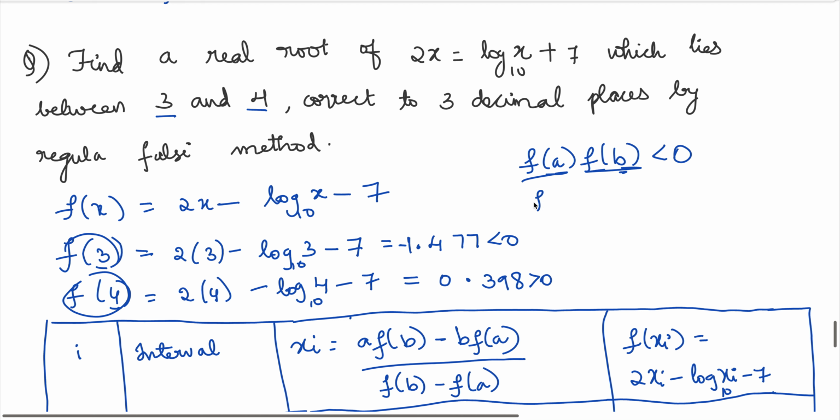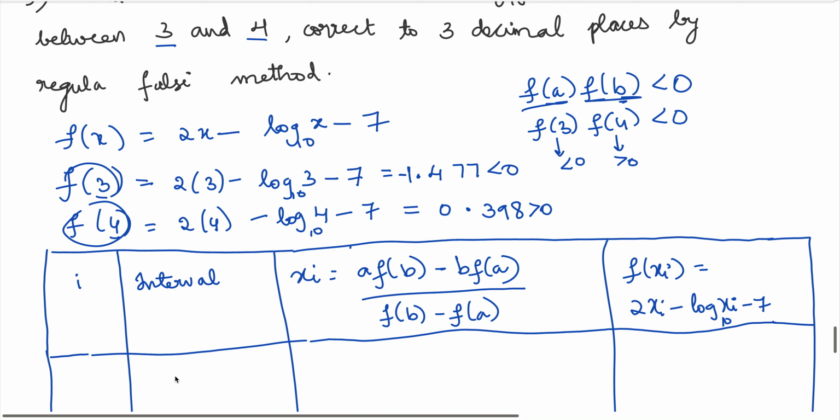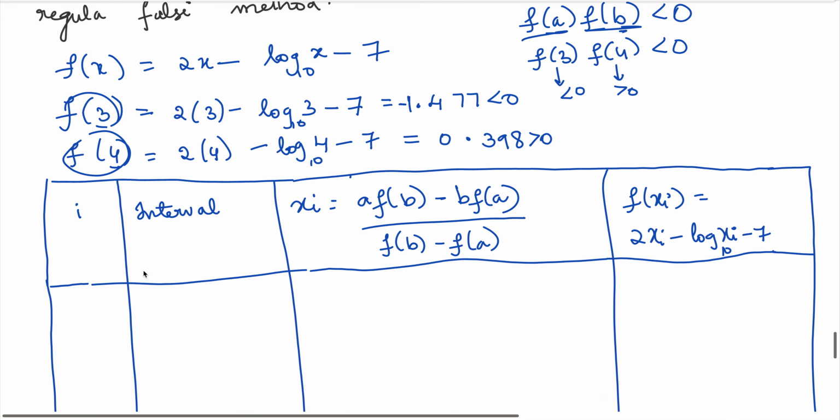Here f of 3 into f of 4 is less than 0. So this is a negative number and this is a positive number, and the multiplication of a negative number and a positive number is a negative number. Usually we will have to find two numbers in this way, but here since they have given the interval, it is fine.